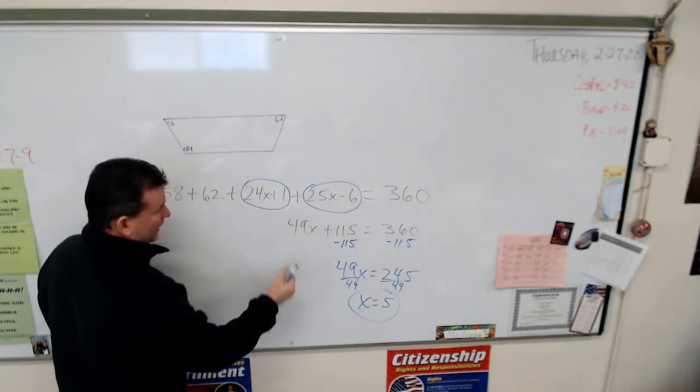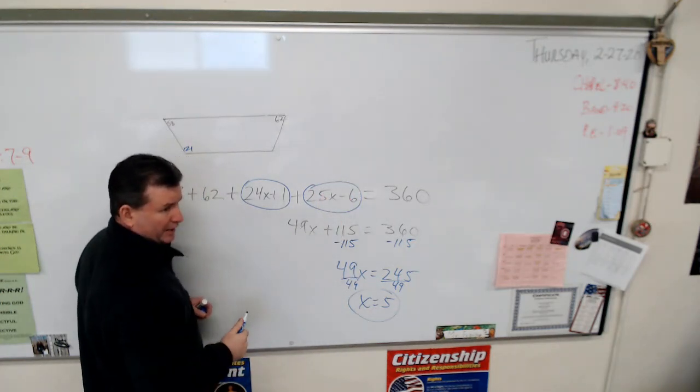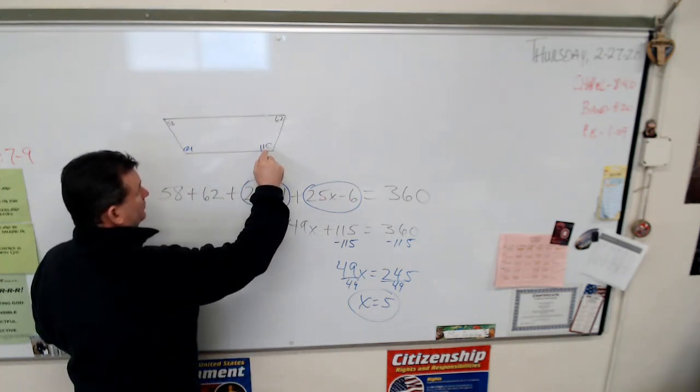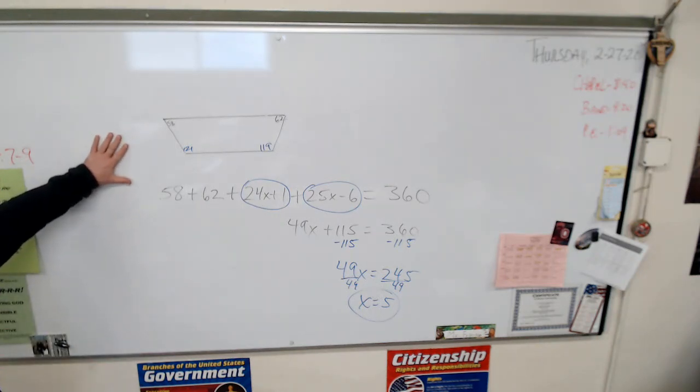The bottom right angle is 25 times 5 minus 6. Did anybody add those up? Please tell me we did it right. Okay, yeah. If you add all those up, what do you get? 360. This is number 23.